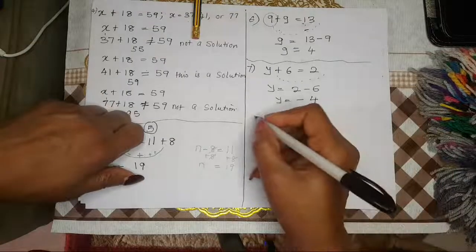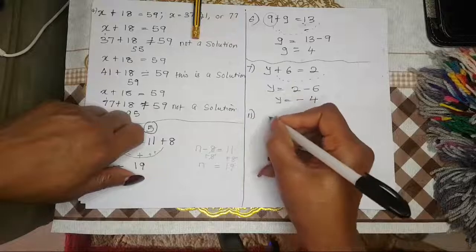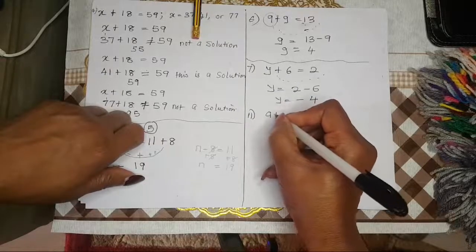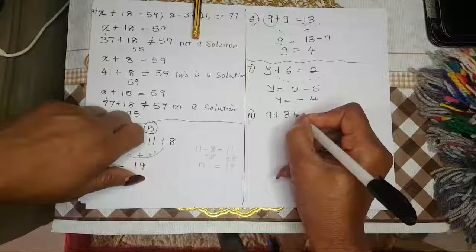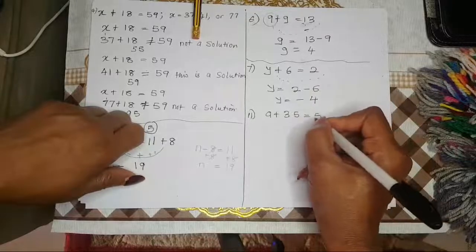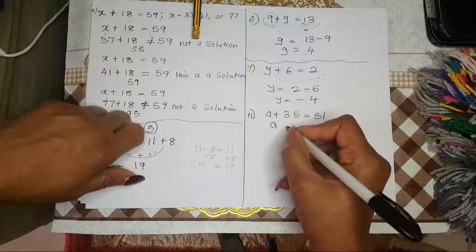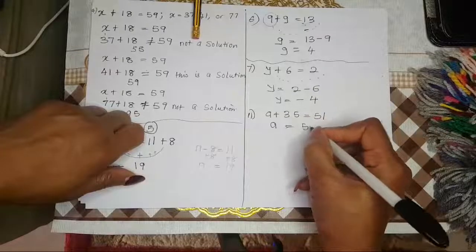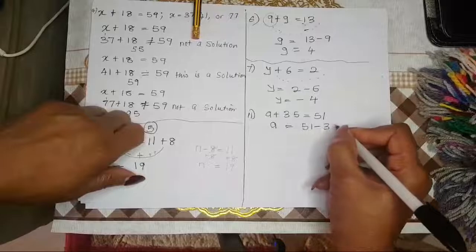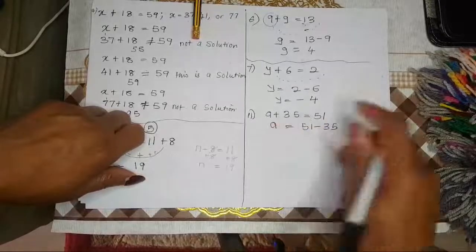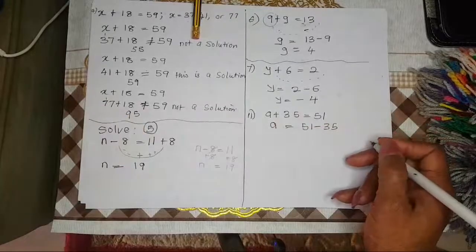So question number 11 is A plus 35 equals 51. What is A? A, you move 35 here, will give you 51 minus 35. It is minus because the sign here is positive.